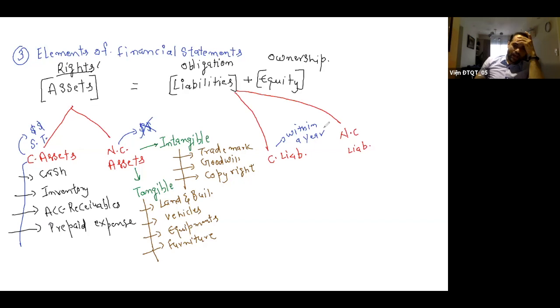So you have 1 year to pay off that liability. A non-current liability, of course, is a long-term liability, more than 1 year, very generally. Now, what do we have inside current liability?